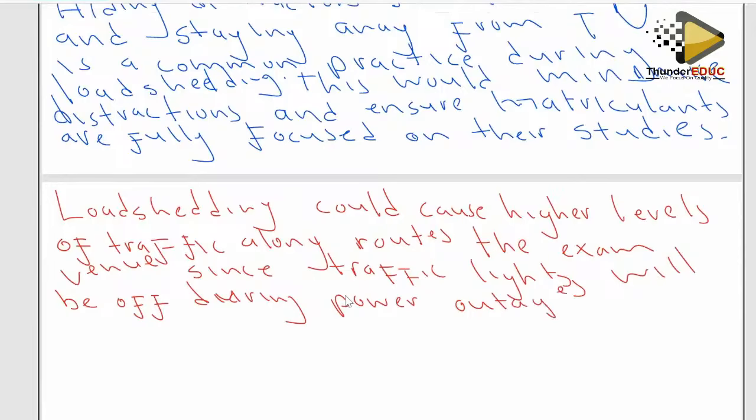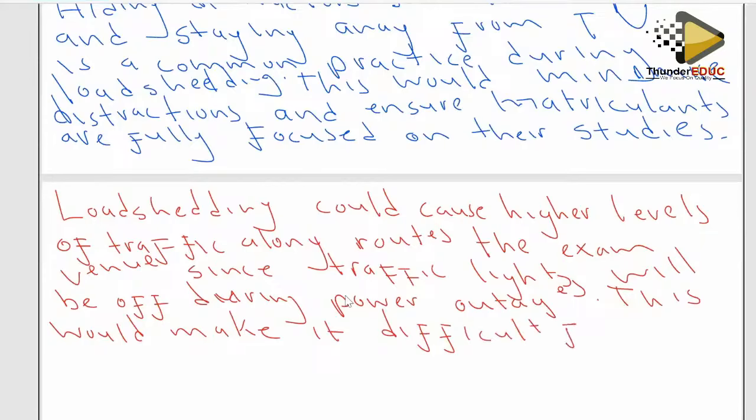This would make it difficult for candidates to arrive on time for the exam.